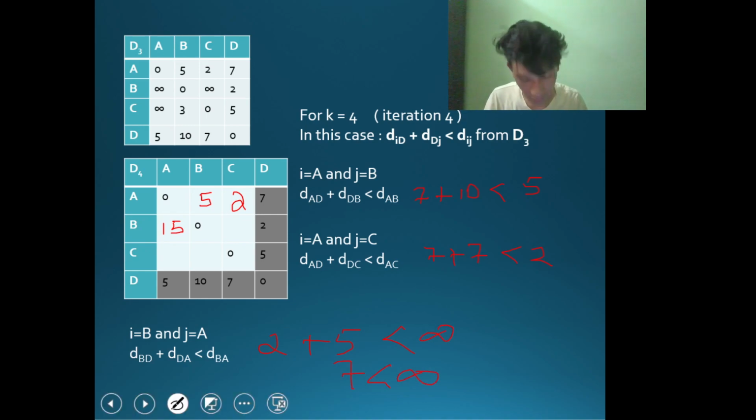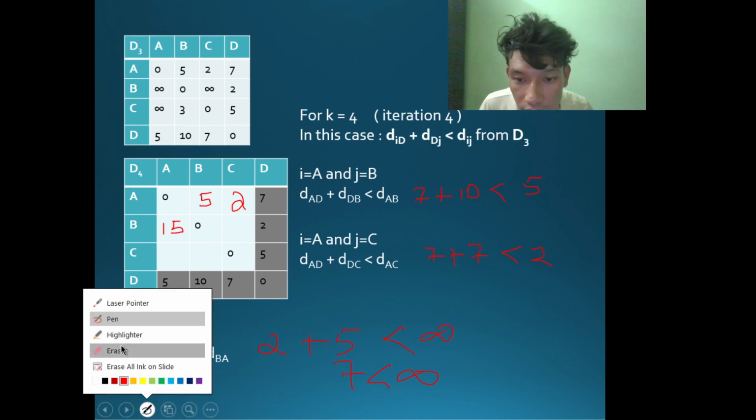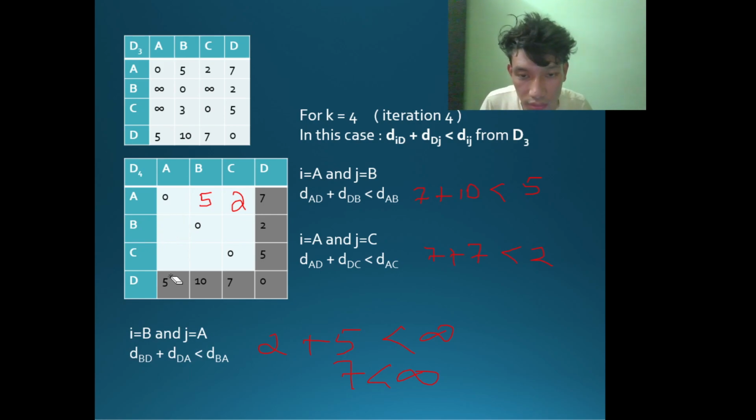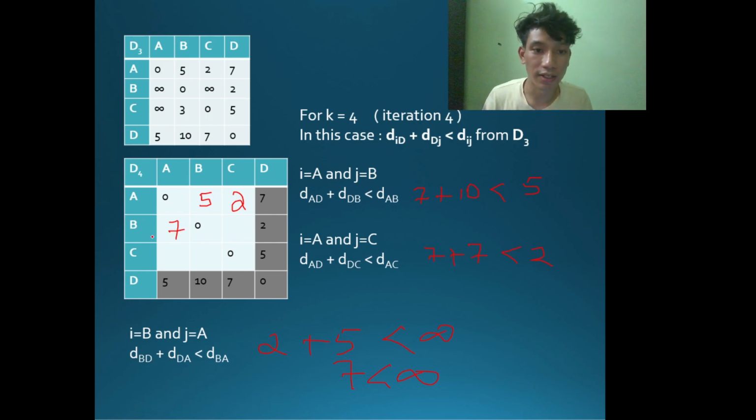Yeah, so here this should be 7, right? So using this we can find out the elements of d4.